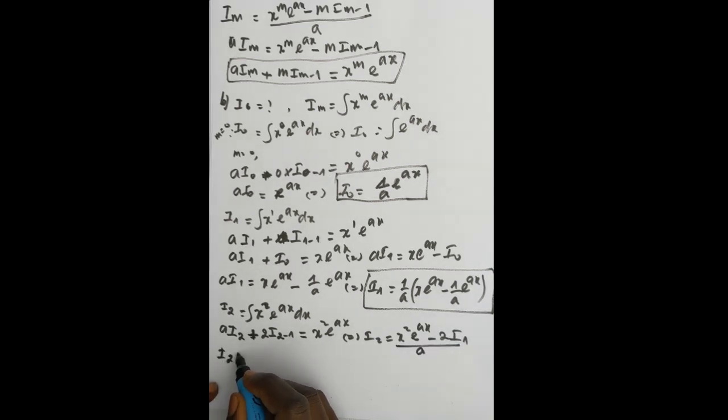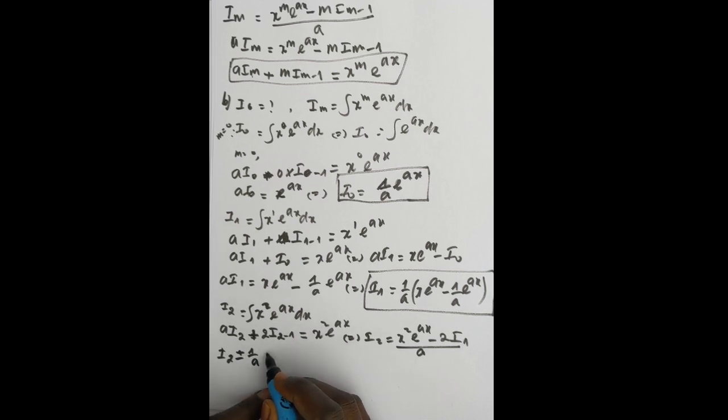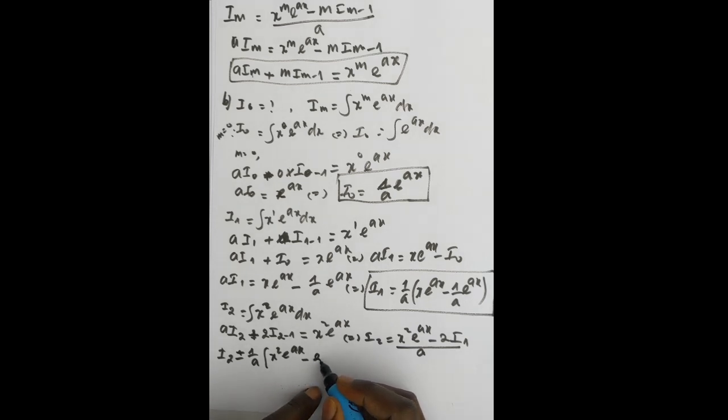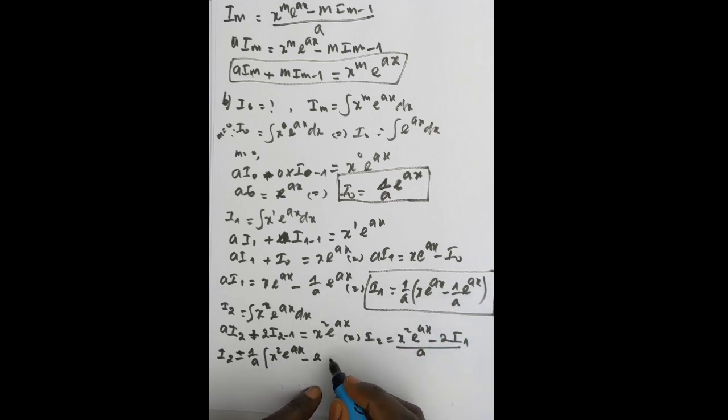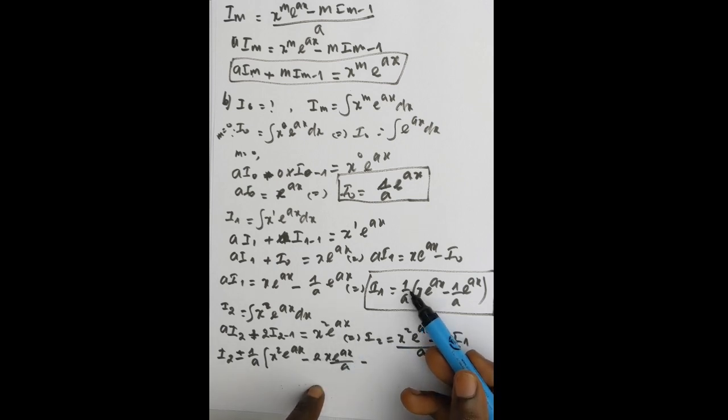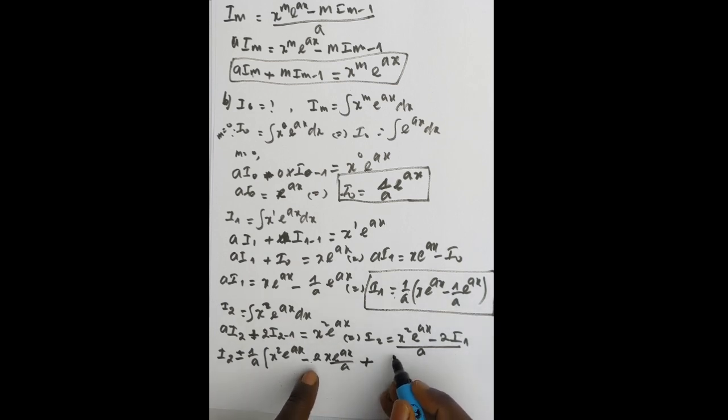So E2 will be equal to 1 over a bracket of x power 2 e power ax negative 2 times. I can multiply this a inside, so that I can get 2x e power ax over a negative, by multiplying this minus here we'll get this minus, and here we get plus 2 e power ax over a square.